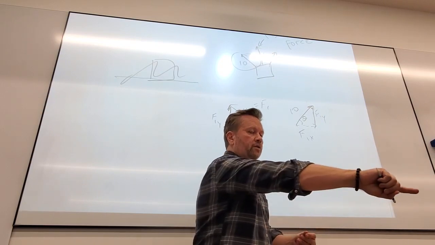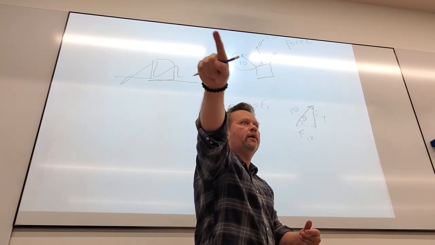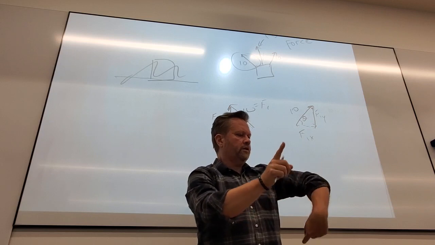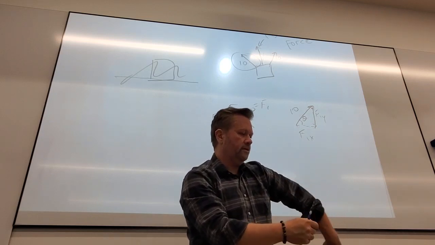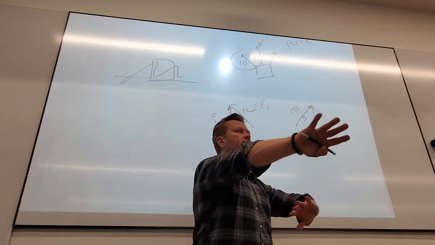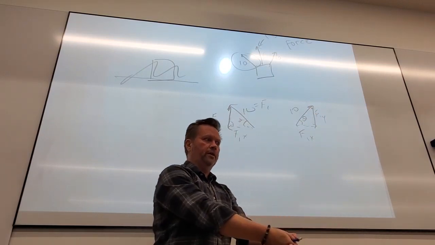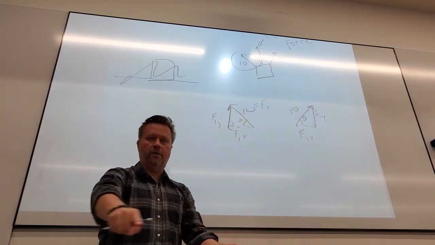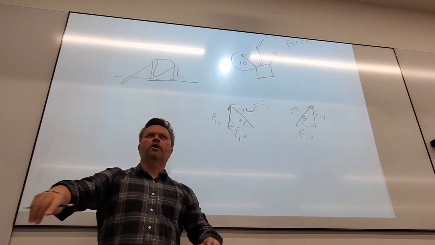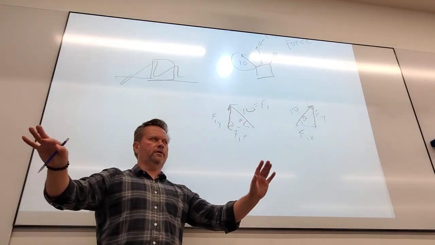But if somebody else is on the other corner pulling diagonally that way, the part of our force that's going sideways is going to cancel out. So the box is going to end up moving straight, even though I'm pulling this way and they're pulling that way. We all know this from experience in the real world.